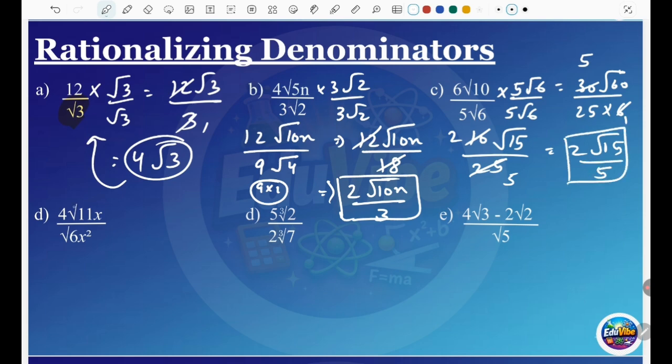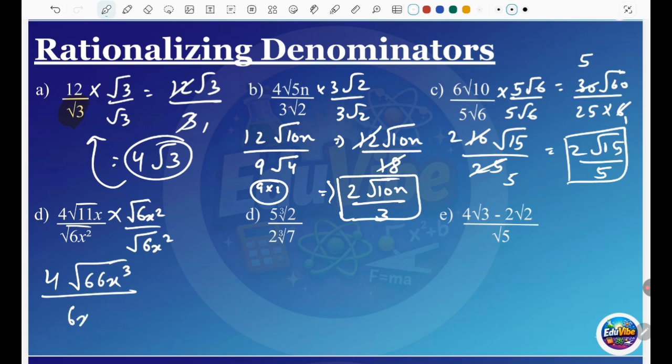For the next one, you have 4 root 11x divided by root 6x squared. Now we have variables, but nothing changes, it stays the same. So multiplying gives 4 root 66x cubed over 6x squared. Root 66 cannot be simplified anymore, but x can be.